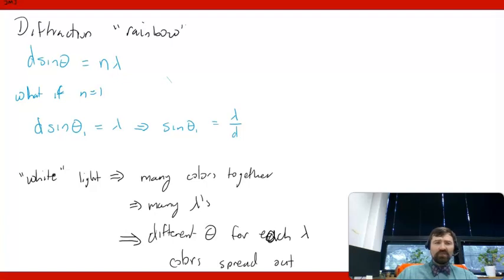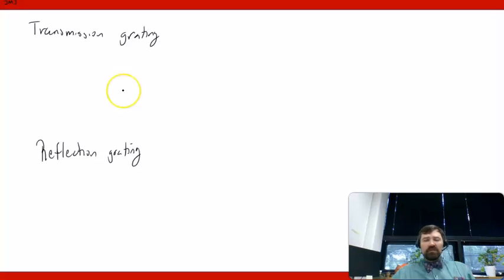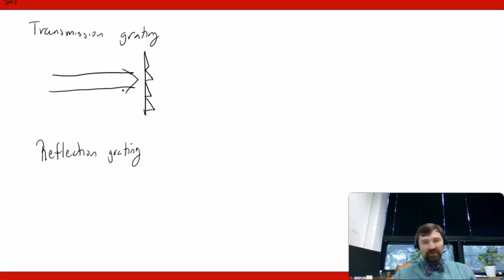One last little note. I've focused mostly on the transmission grating. There's such a thing also as a reflection grating. Transmission grating basically means you've got your grating like this, and you are going to send the light through it. So light comes in from this side, and then it splits off on this side.